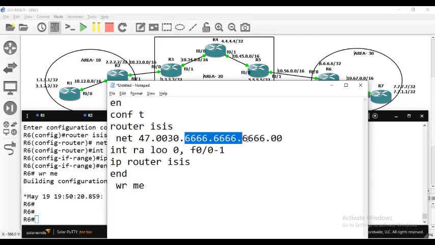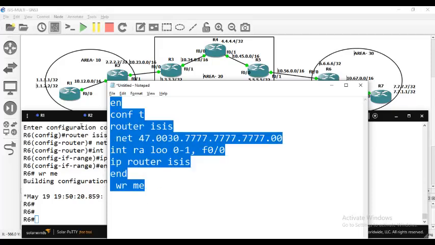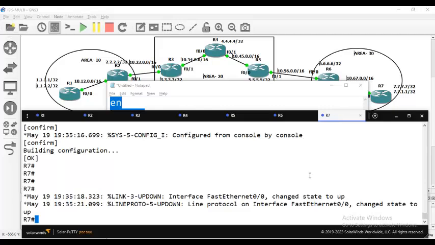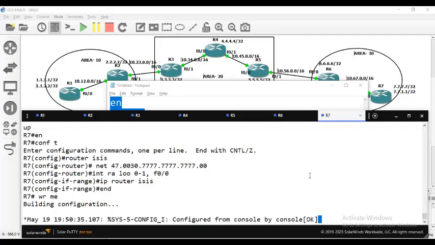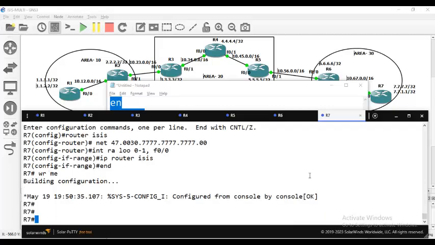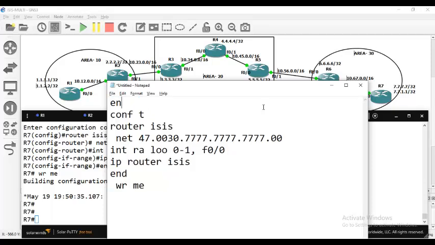Okay. Now we have configured. Let us go and try pinging from R1 to R7. Show IP route ISIS. There is something wrong with R2 and R3. Let us check. Show ISIS neighbor. I have only a neighbor with R1. Why?